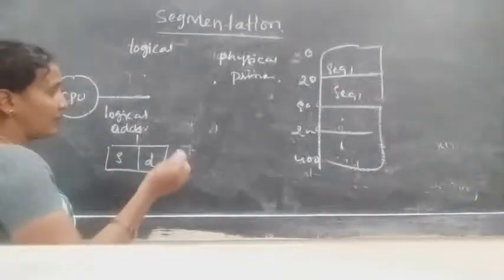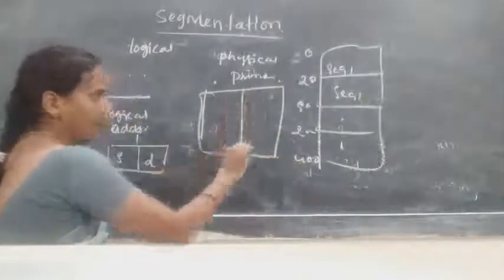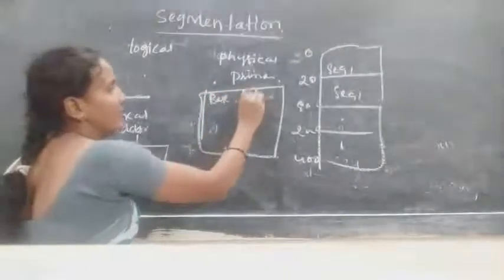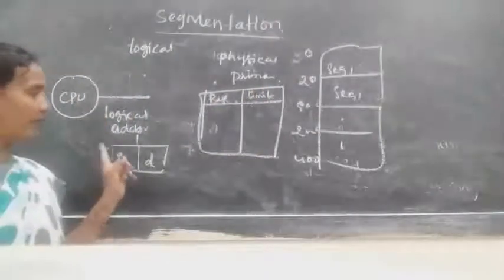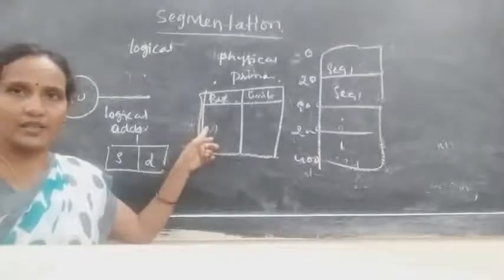Next, here we have a segment table, which gives the base address and the limit, as already explained. Understood? For every segment number there is a corresponding entry in the segment table.